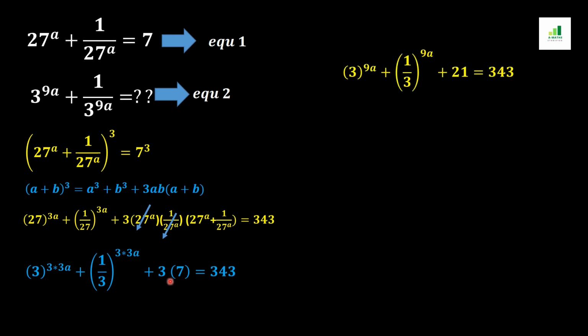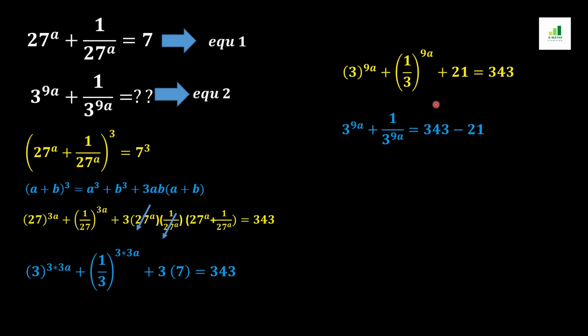Now in the next step, this 3 will multiply together and we will get 3^(9a). This 3 and this 3 multiply together, as a result we get 9a, and this 3 will multiply with this 7, we will get 21, and this 343 will remain the same.